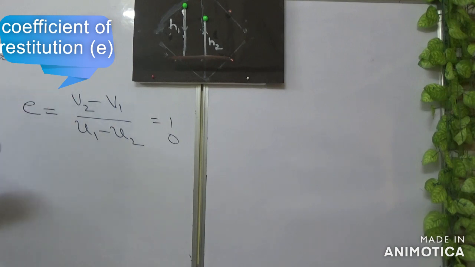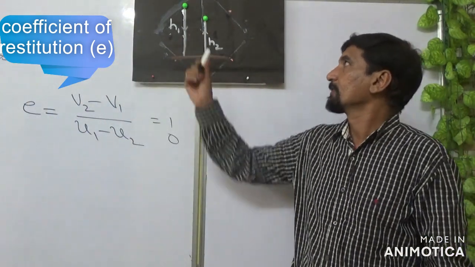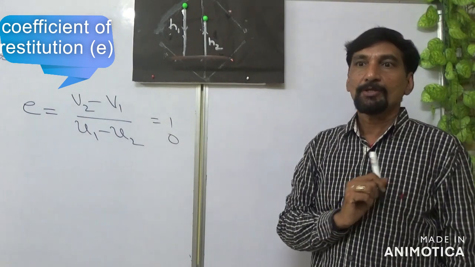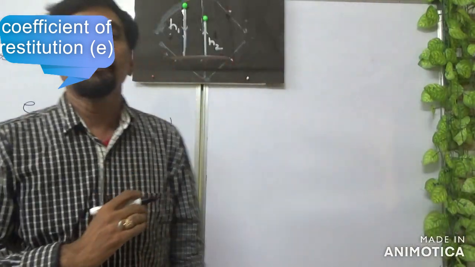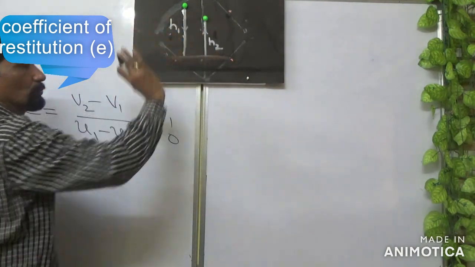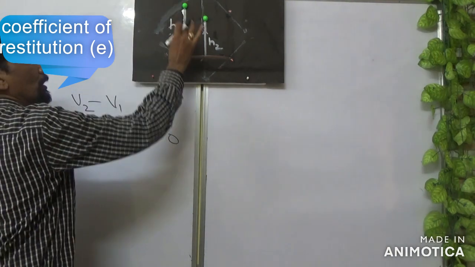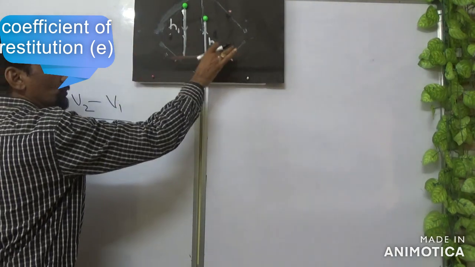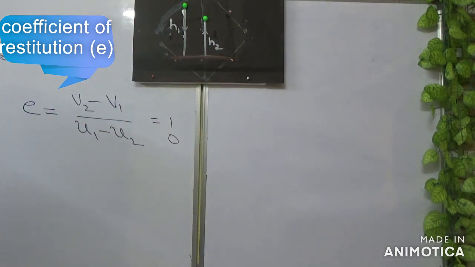So how to find the E value? Let us suppose a body is dropped from height h1, and after striking the ground it rebounds to h2. Before and after the collision there is no change in the velocity of the second body.